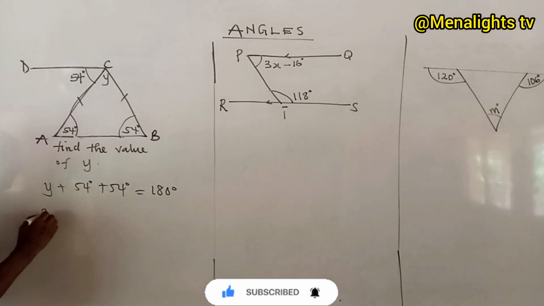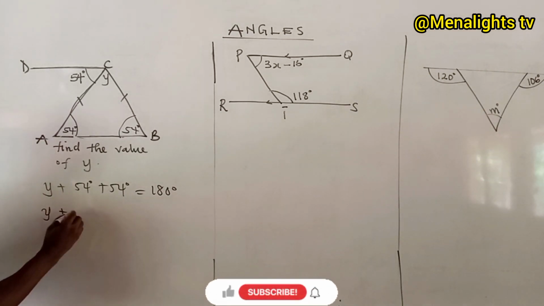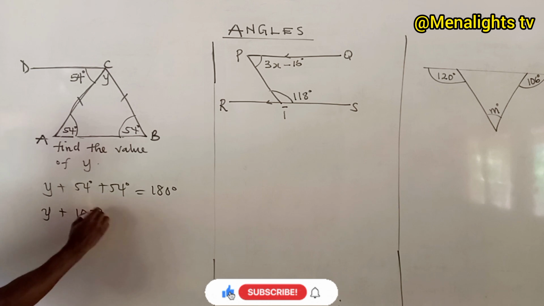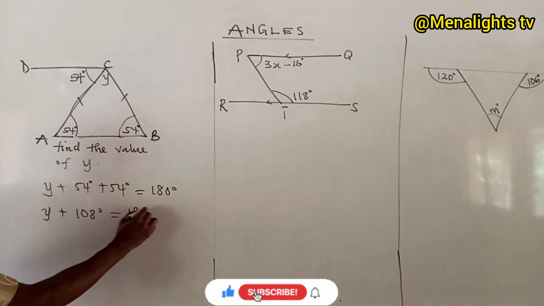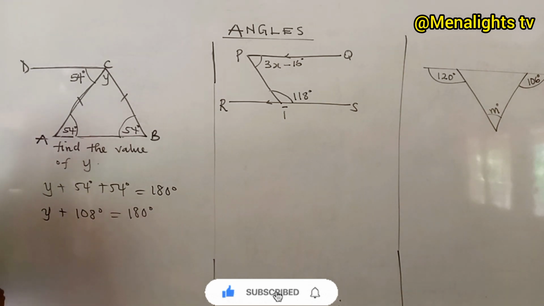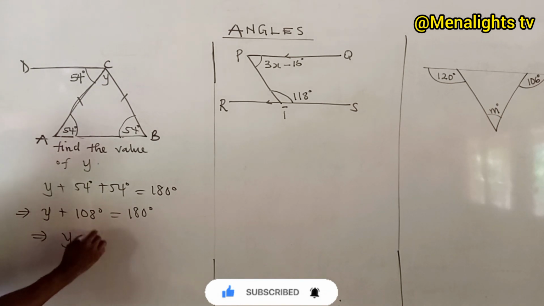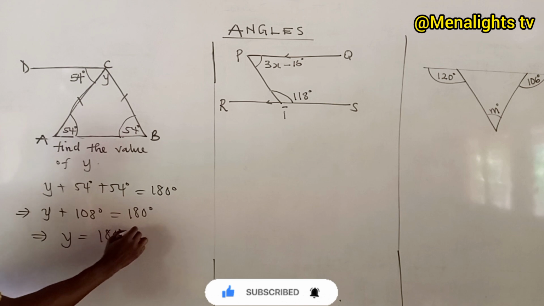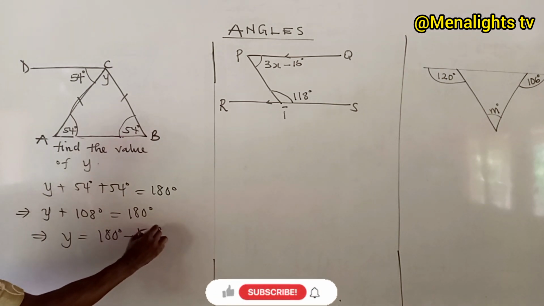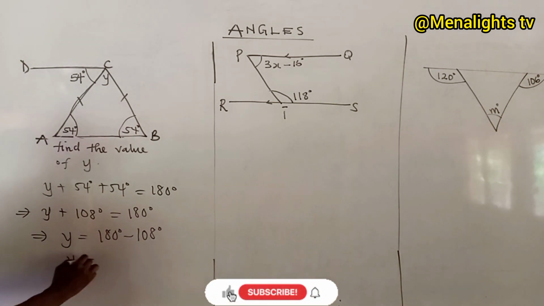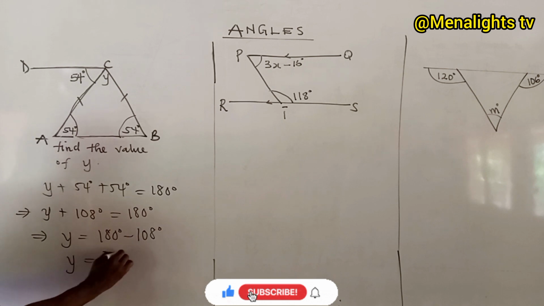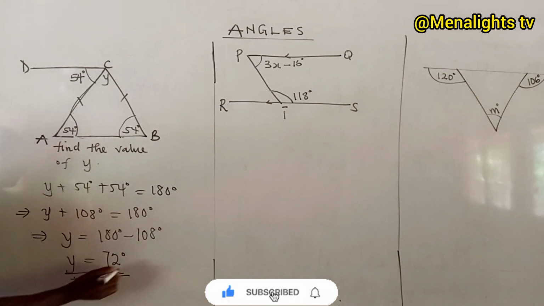So from there you can say that y plus 108 degrees is equal to 180 degrees. So you group like terms. So y is equal to 180 degrees minus 108 degrees. So there our y is equal to 72 degrees.